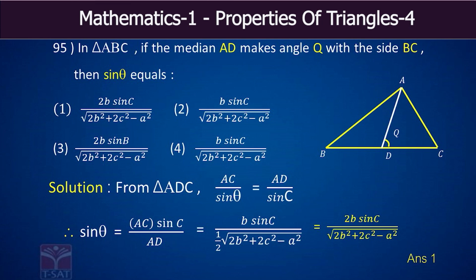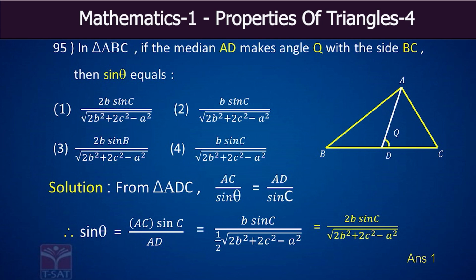So in triangle ADC, where D is the midpoint, suppose angle ADC is theta, AC by sin theta is equal to AD by sin C. So sin theta is equal to AC into sin C by AD. That is b sin C by half of the square root of 2b square plus 2c square minus a square. So option number 1.